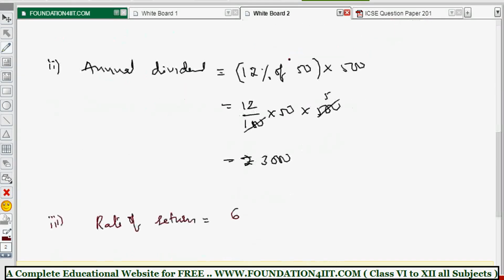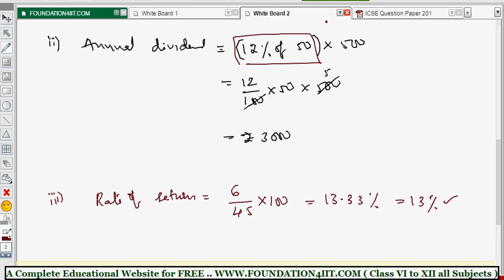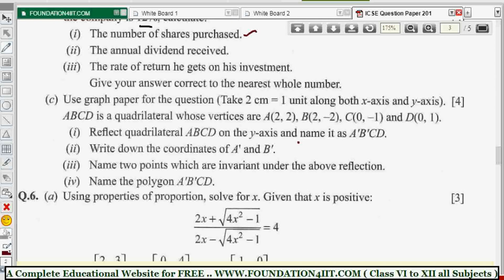So 6 by 45, because 12% of 50 is 6. 6 rupees is the return on one share, divided by 45 into 100. If you calculate, you get 13.33%. Approximately that is 13%, right? So the rate of return on this investment is 13%, corrected to the nearest whole number. That's it. Rate of return is this.